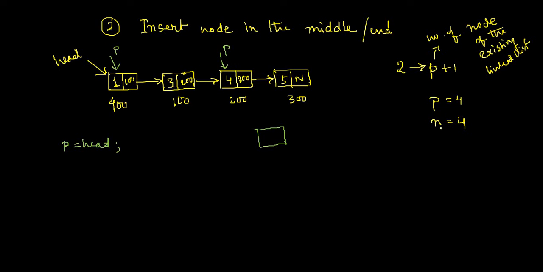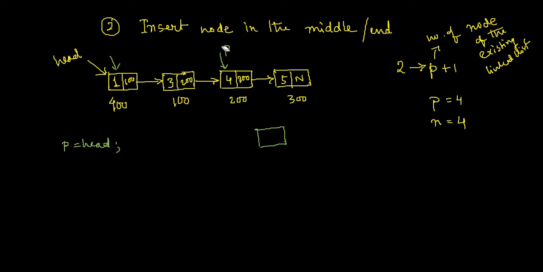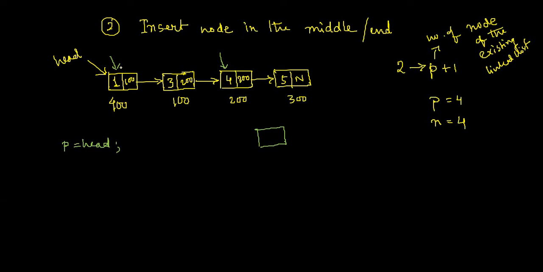So if you want to insert your node in the nth position, the pointer, let's make it another pointer name so that you don't get confused. Suppose the pointer name is T. So T should traverse n minus 2 times.